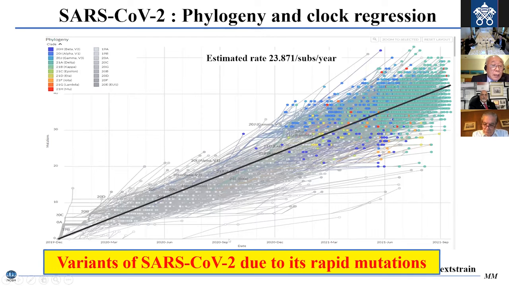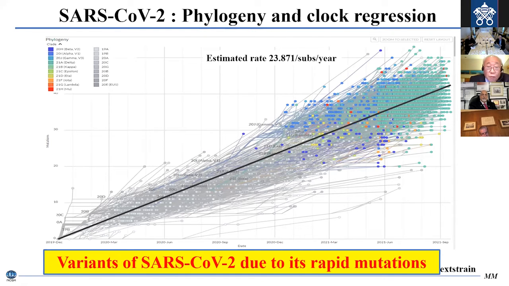This is the start, December 19th. Now it is September 2021. You can see they mutate step by step, steadily. The mutation rate is 23 substitutions per year, which means every 2 weeks, one nucleotide is changed.